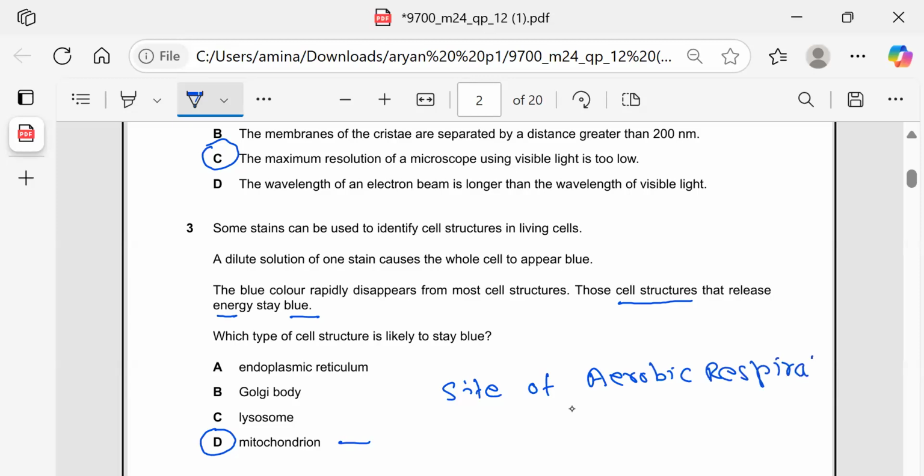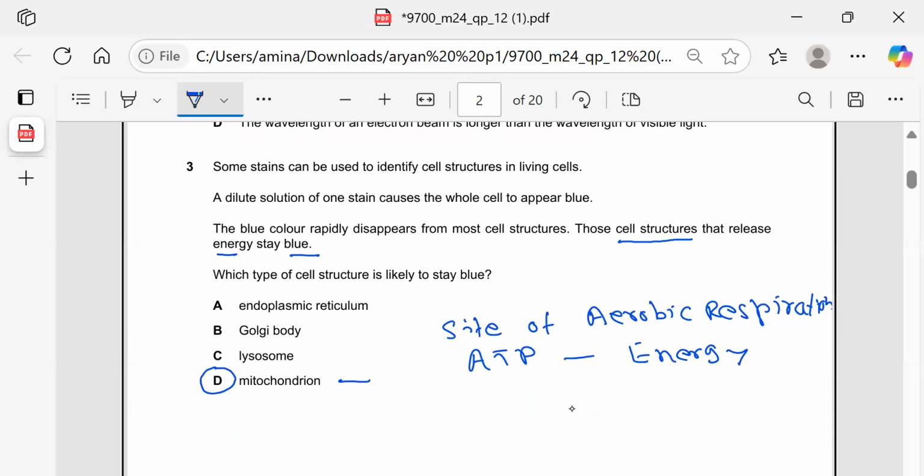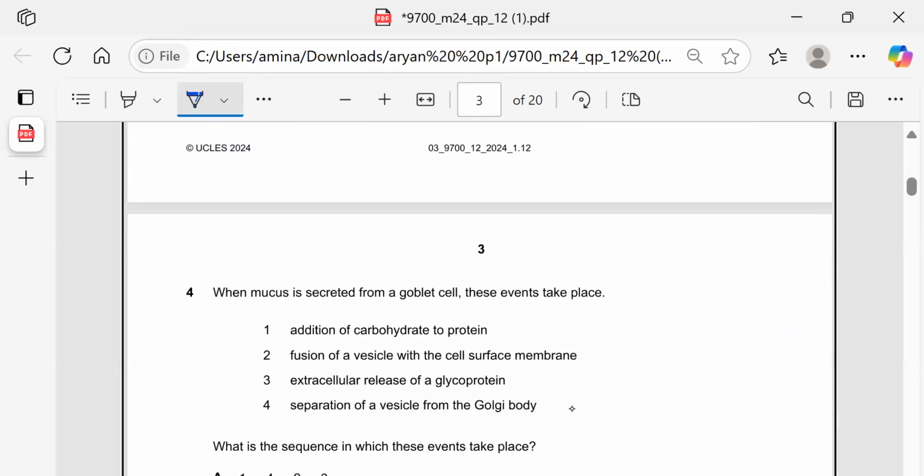I'm writing site of aerobic respiration because I'm trying to give you the keywords also. Most of the time the examiner does not accept energy and all that, so always remember mitochondria is the site of aerobic respiration. It releases ATP, and yes, ATP is energy. So mitochondria is going to stay blue. I'm going to the next question now.